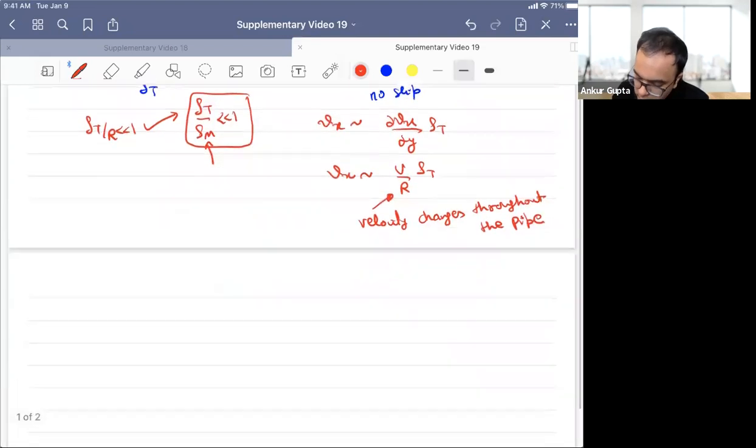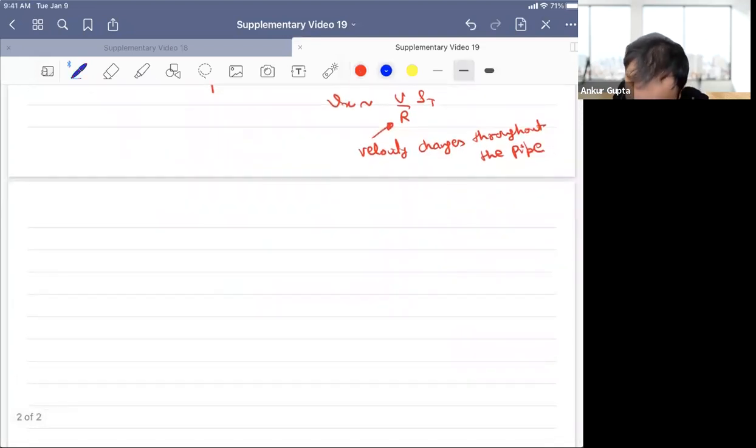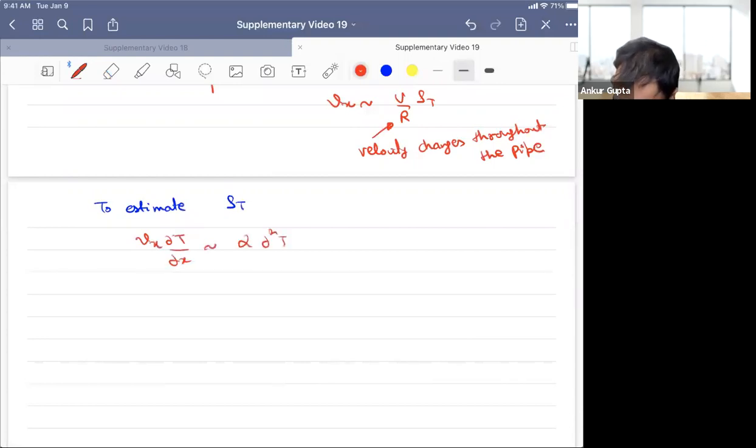Now, whenever we want to do the analysis and estimate delta T, we simply use the formula that Vx del T by del x will roughly scale as alpha del square T by del y square. Mark did this several times in class, so I'm not repeating myself.